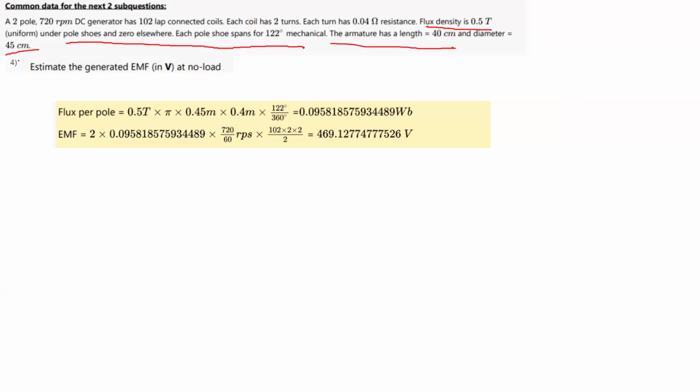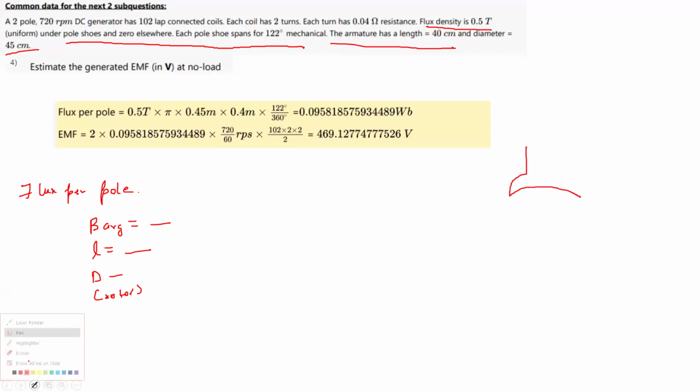So first of all in this question, let us find the flux per pole. The information given is B average, the length, and the diameter of the rotor. So this is a two-pole machine, so let me draw it.